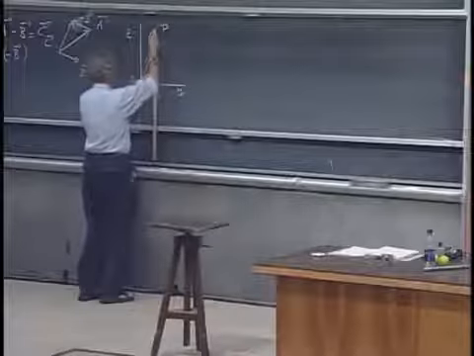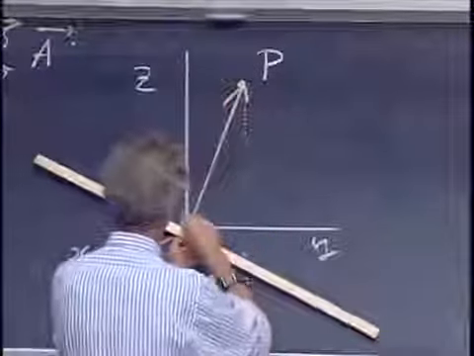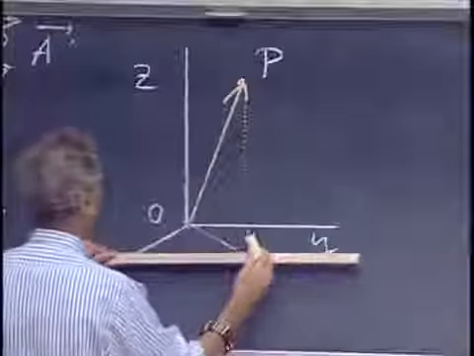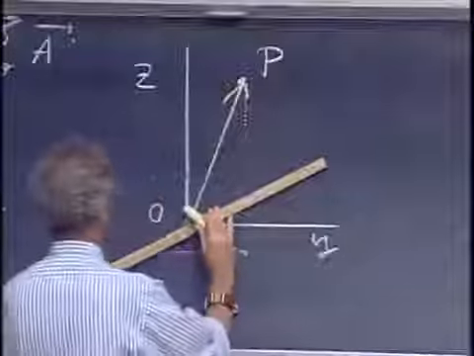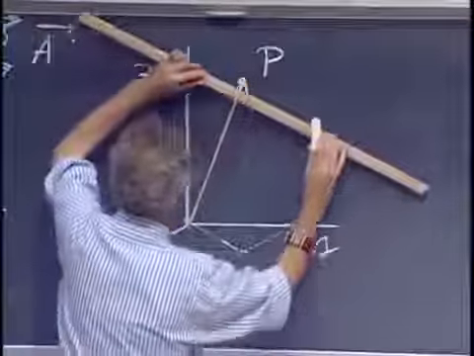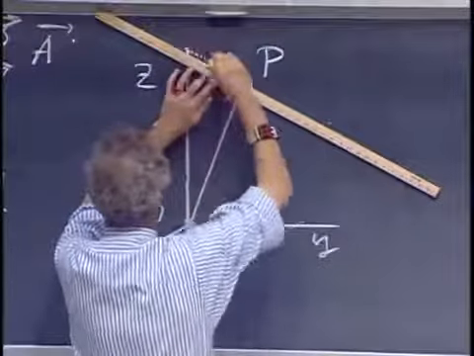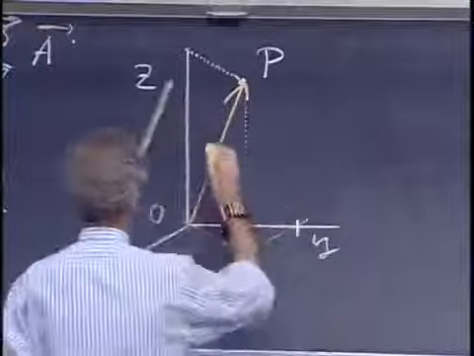So there we go. Each one has its own method of doing this. There we are. I call this vector vector A.